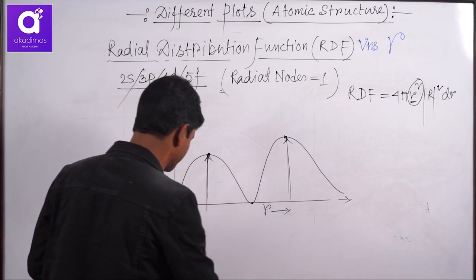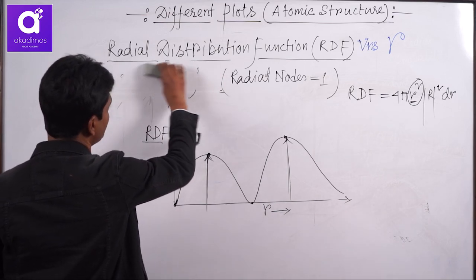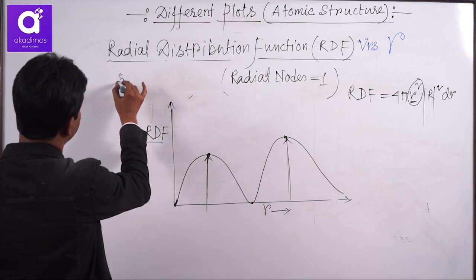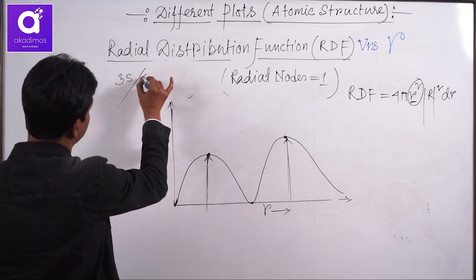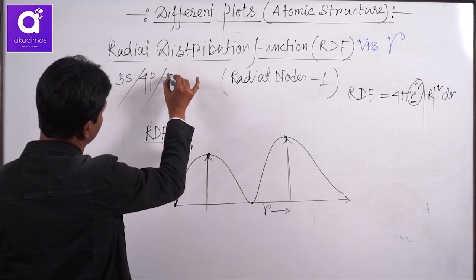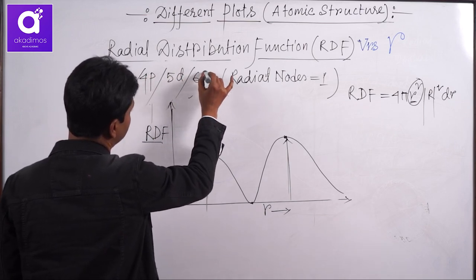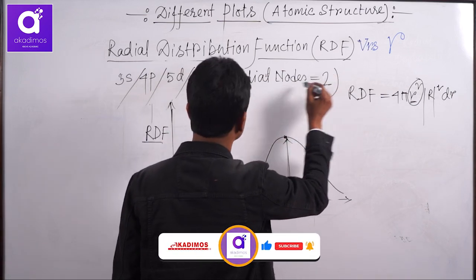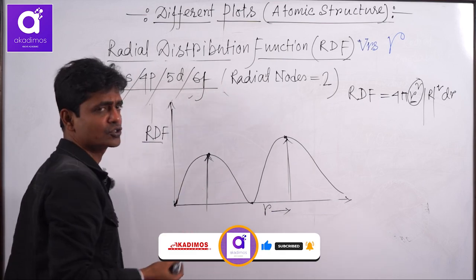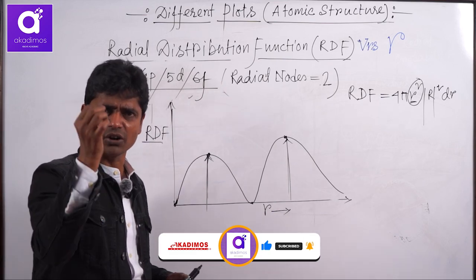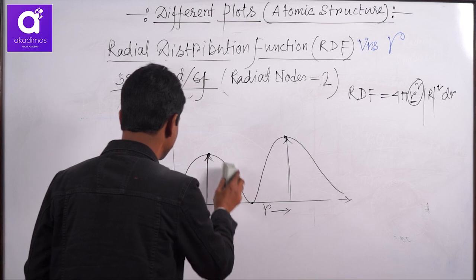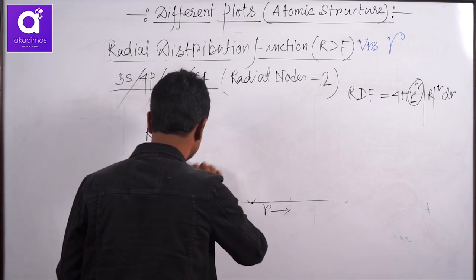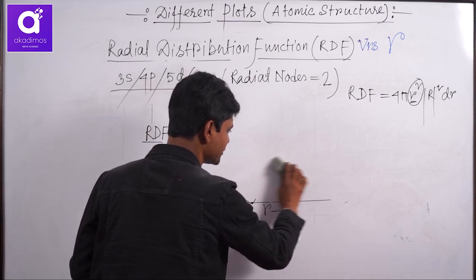Now the last example is enough for your concept. I think your concept is clear now. If I take 3s, 4p, 5d, 6f, all have 2 radial nodes to count, and all are 0 at the origin. Now I will do the plot. Very simple, it is never difficult.